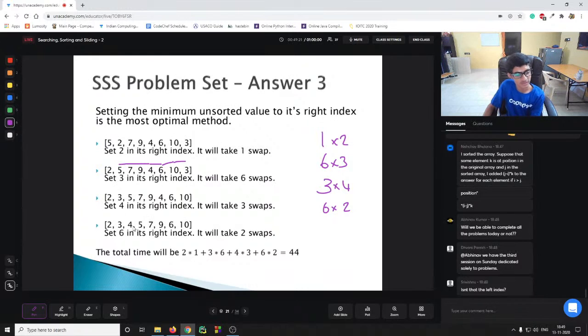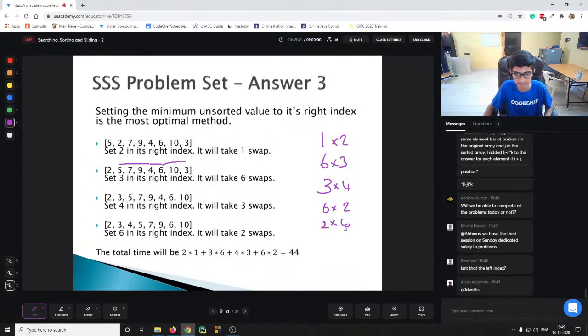Note that 5 is already in its sorted index, so we don't have to add anything, or basically add 0 times 5, which is the same as 0. So we are just going to ignore 5, since it is already in its right place. Bringing 6 to its right index will take 2 swaps. So this is 2 swaps times 6.